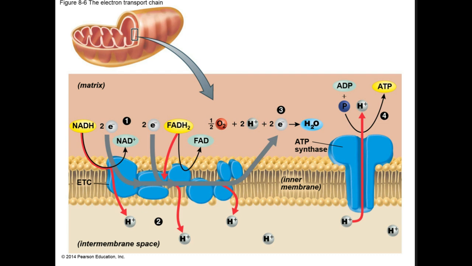As they flow through the ATP synthase channels, their movement generates ATP from ADP and phosphate. The newly formed ATP leaves the mitochondria and enters the cytoplasm, where it provides the energy needed by the cell. Without this continuous recycling, life would cease.